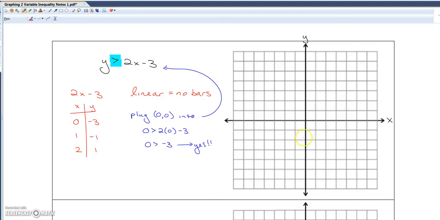Put those 3 points on the graph. Connect your lines, but this time we need to really think about this. If the symbol that I highlighted before was drawn onto a number line, it would be an open circle.